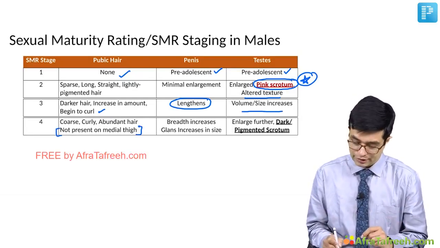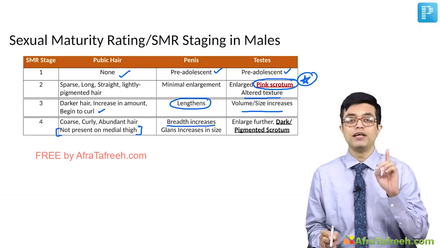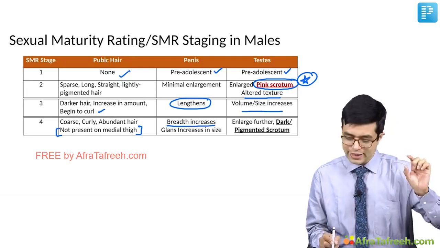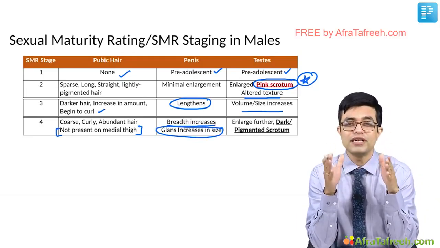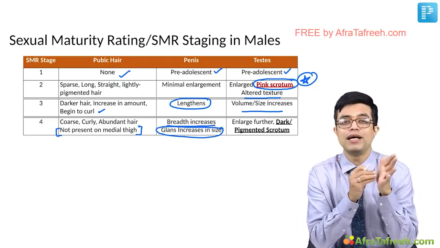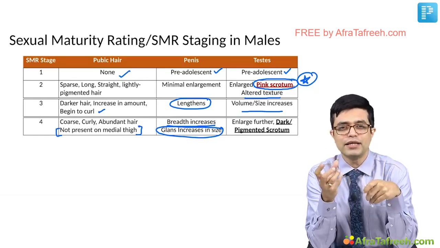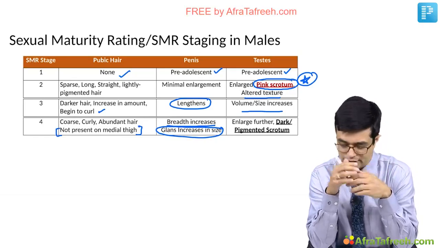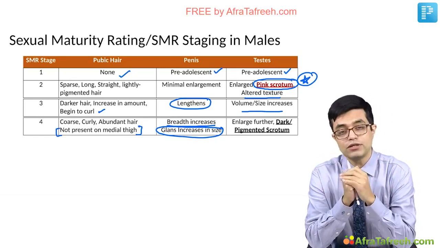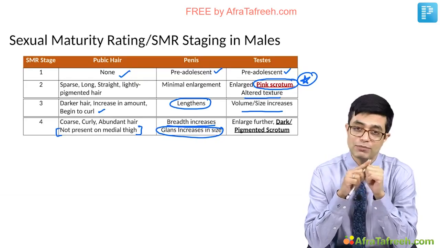Penis, important thing, potential MCQ: breadth will increase, it will become broader in size, and the glans penis will increase in size. So the question may ask you, what is the stage during which glans development happens? Initially, glans penis is not in the form of a bulbar apparatus, it is less well defined. Well definition of glans penis tends to occur in stage 4 and can be a potential MCQ.